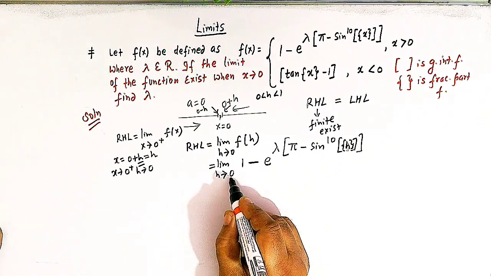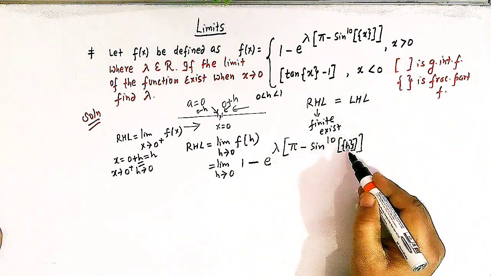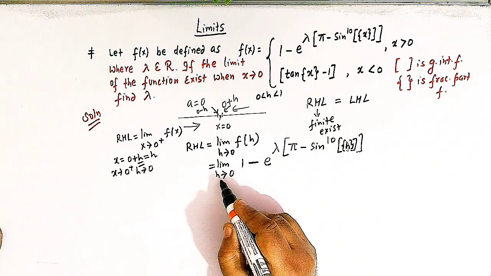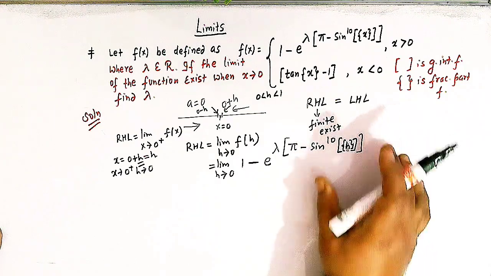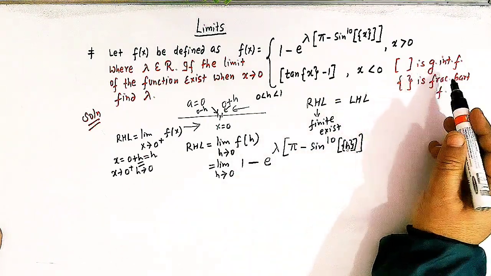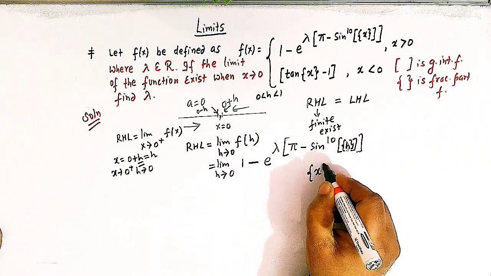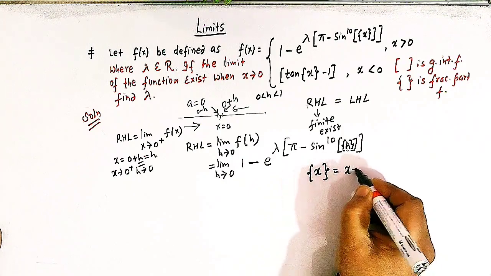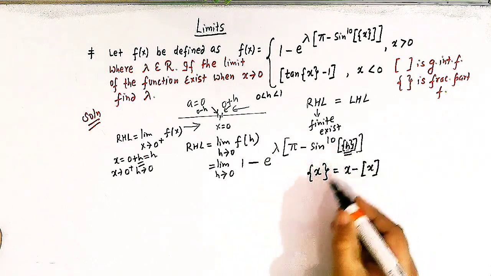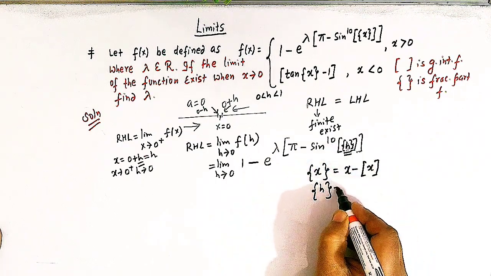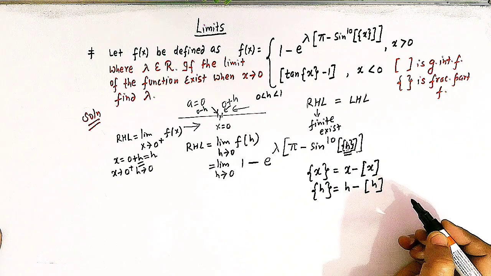So here we have h tends to 0, right? And whenever we have functions like greatest integer function and fractional part function, we cannot directly write h is equal to 0 over here. So we'll make use of the definition of greatest integer function and fractional part function. We know that the fractional part of x is defined as x minus greatest integer of x. So here we have fractional part of h, which can be written as h minus greatest integer of h, right?